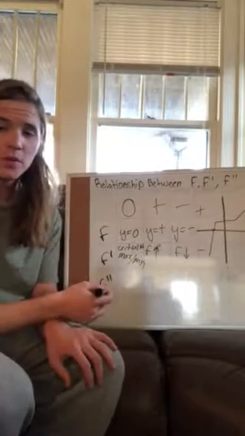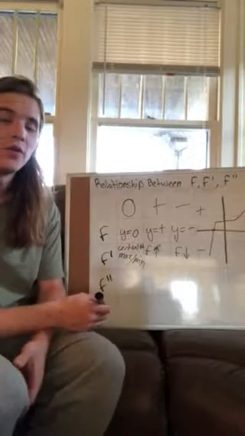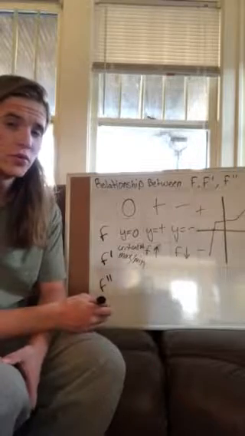And finally, we get to f double prime. When f double prime is equal to 0, it is an inflection point.